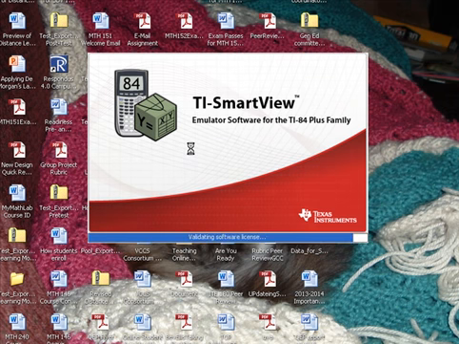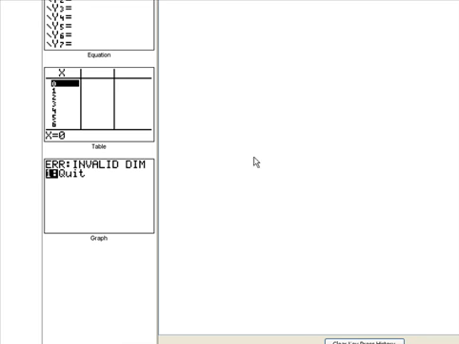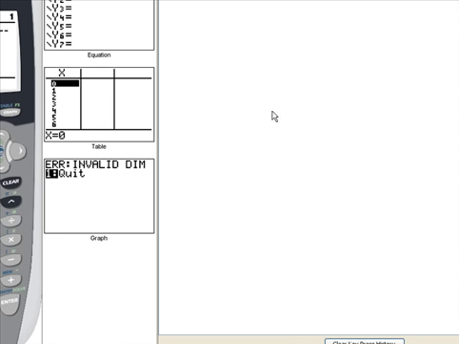Okay, let me see if I can move my window. I know there's a way to do it because I've done it. There we go. Okay, I got it. I think I've got it set so you can see all of my keystrokes.